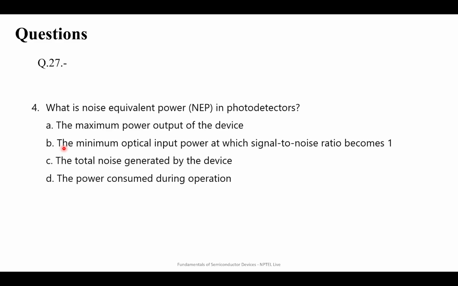So now, what is noise equivalent power in photodetectors? The maximum power output of a device, the minimum optical input power at which the signal to noise ratio becomes 1, the total noise generated by the device, or the power consumed during operation.